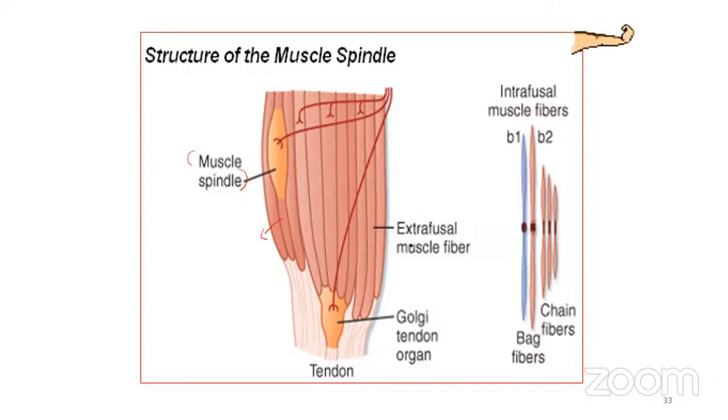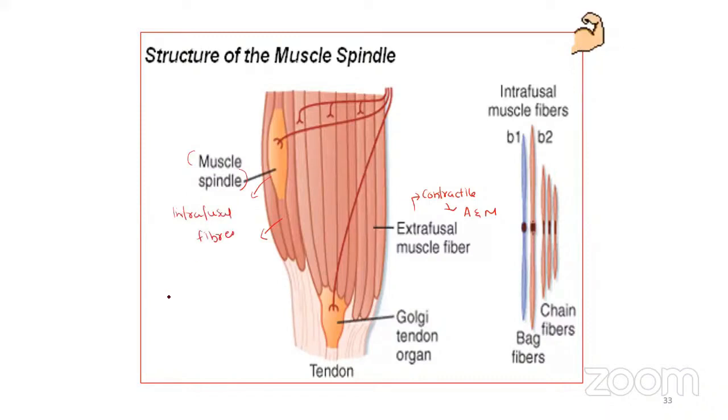Note this point, extrafusal fibers are the contractile portions, the contractile elements. We have actin and myosin. It has actin and myosin, the contractile region. The sensory receptor or stretch receptor is the intrafusal fibers.